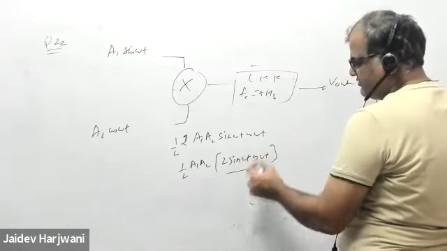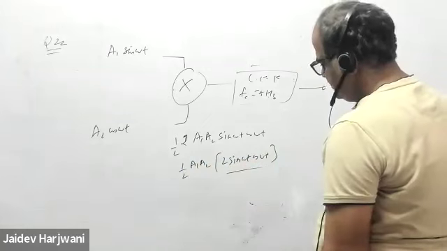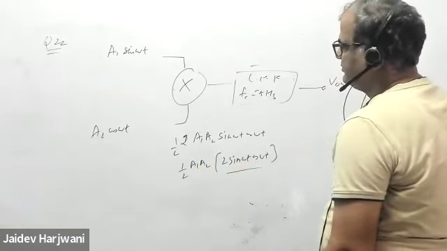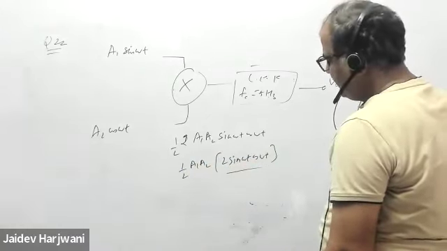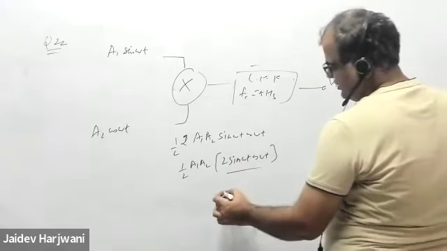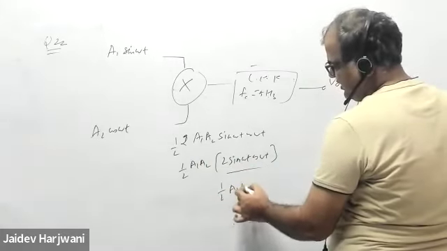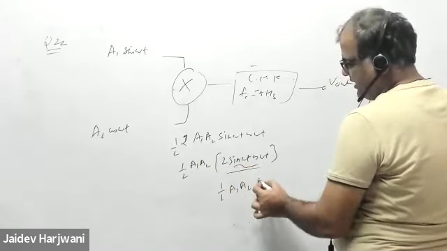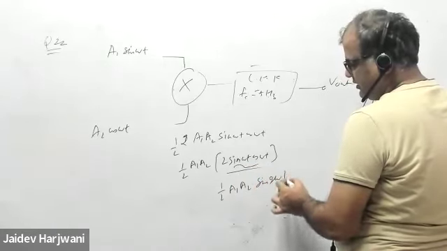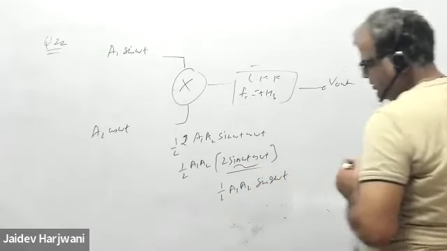What is the formula for this one? Two sine A cos B. This will be 1 by 2 A1 A2 sine 2 omega t. Yes or no? Yes, sir.